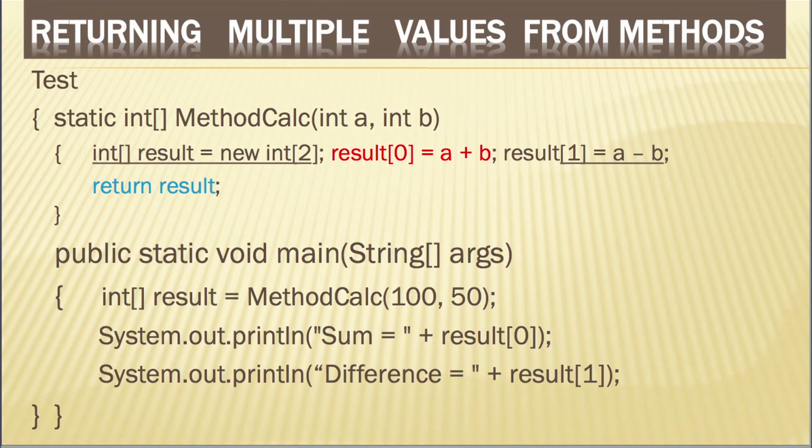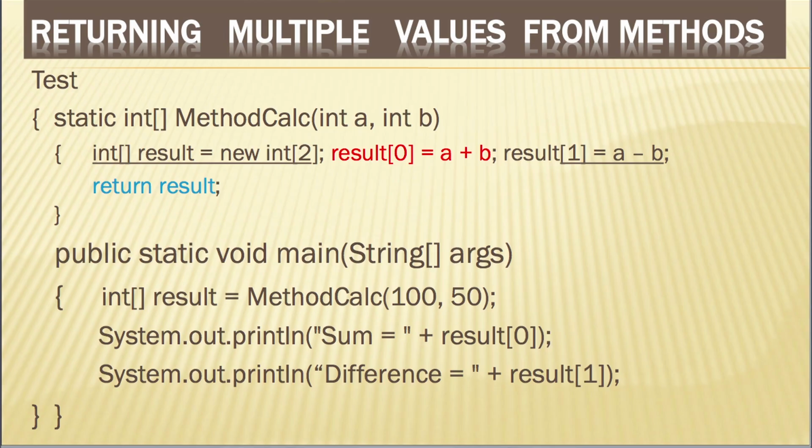We will write the function name as static integer followed by the array sign. These 2 square brackets represent the array. So we are returning an integer array here, and calc is the method. We are passing a and b, and finally it will return the result, and the result is an array.